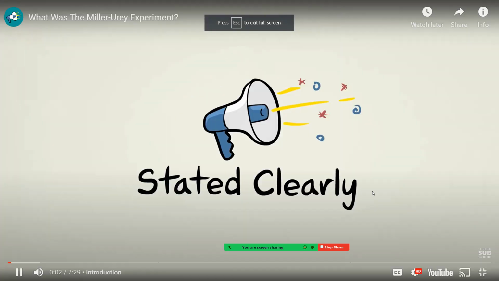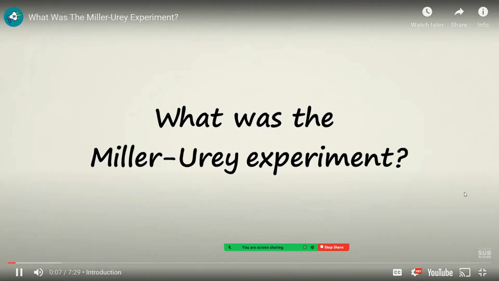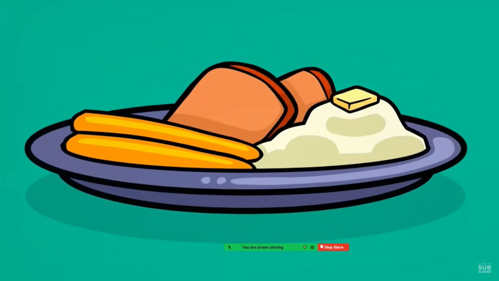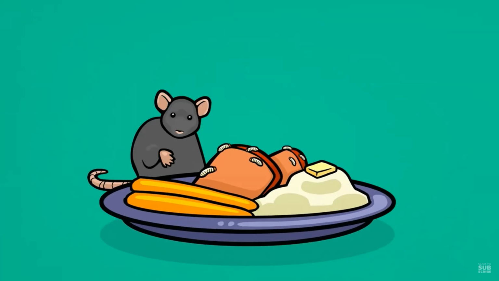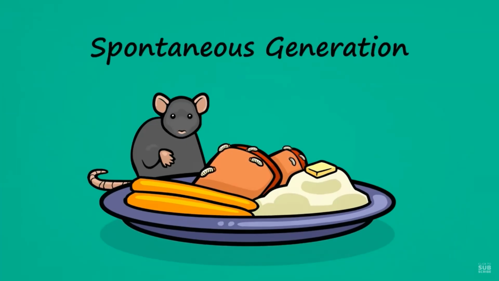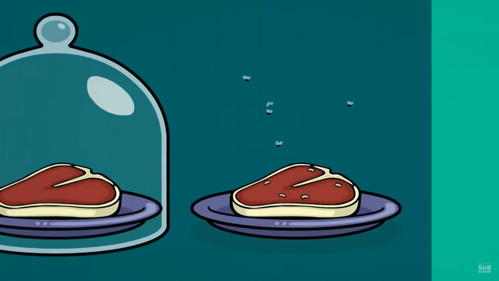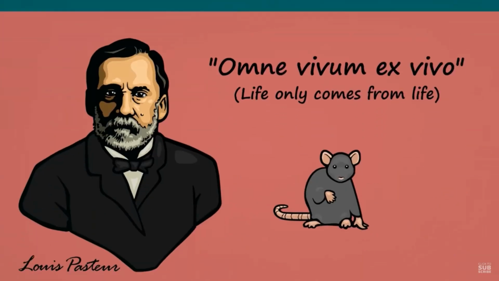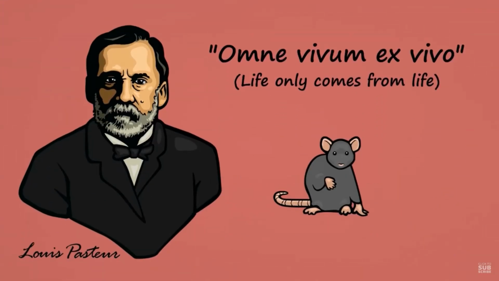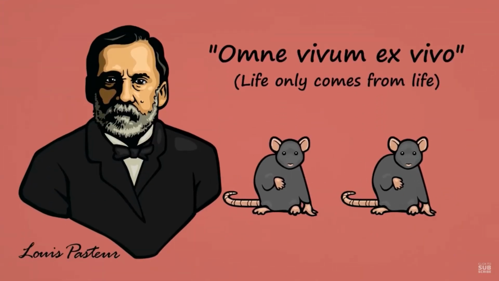Stated Clearly presents: What was the Miller-Urey experiment? It was once believed that if you left food out to rot, living creatures like maggots and even rats would simply poof into existence. The idea was called spontaneous generation. A series of experiments starting in the 1600s disproved this idea, and in the 1800s, a new scientific law was proposed. Life only comes from life.